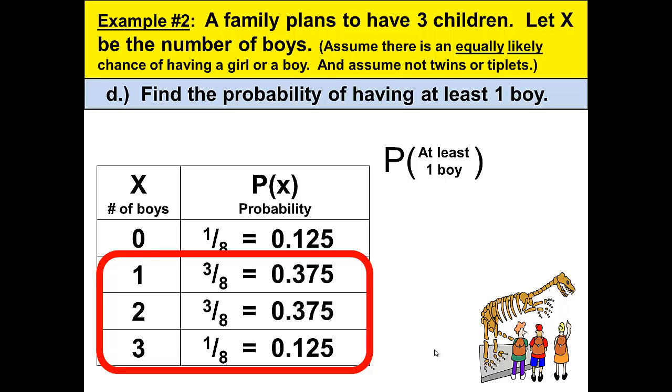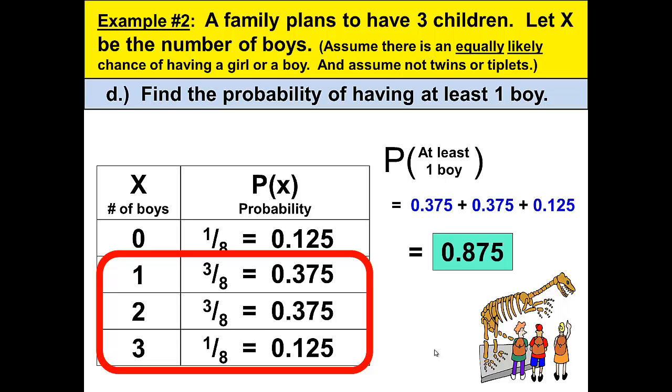And we can count or add up those probabilities. 3/8 plus 3/8 plus 1/8 equals 7/8, or adding the decimals here, we get 0.875.